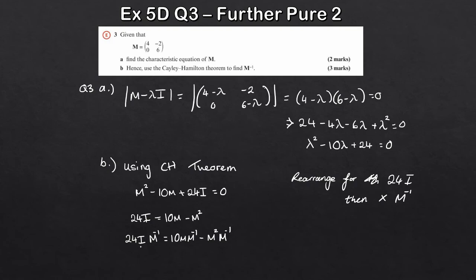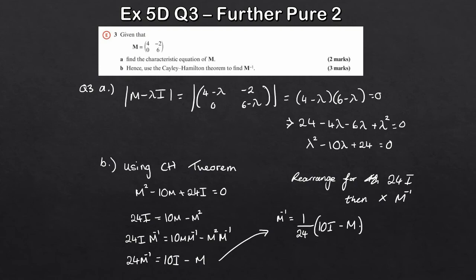So if you've got 24 lots of the identity and you time it by M inverse, this is just the same as 24 M inverse. 10M times M inverse, these essentially just cancel out to give you the identity, so you get 10 lots of the identity, and then minus M squared times M inverse, that'll just give you minus M. Now we want this to just be M inverse, so we're going to have to divide through by 24, so M inverse is equal to 1 over 24 lots of 10I minus M.